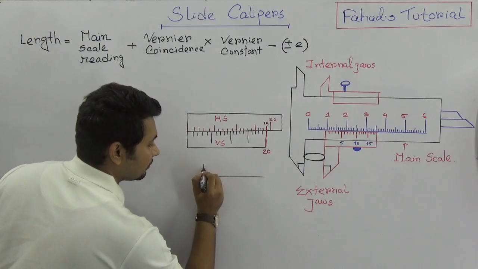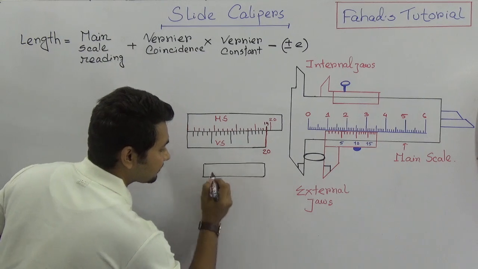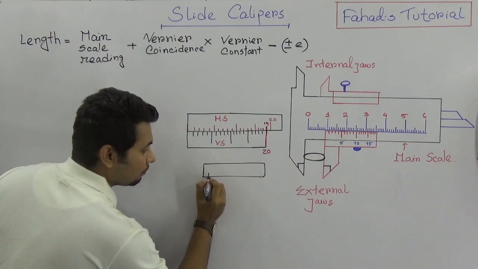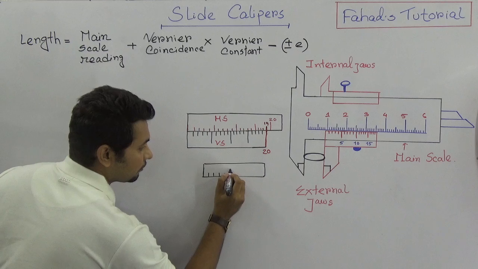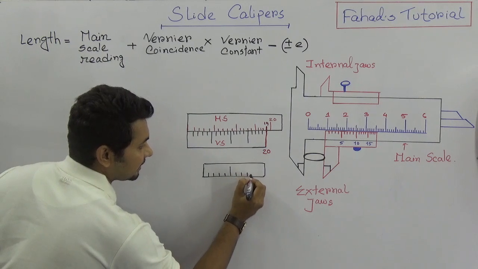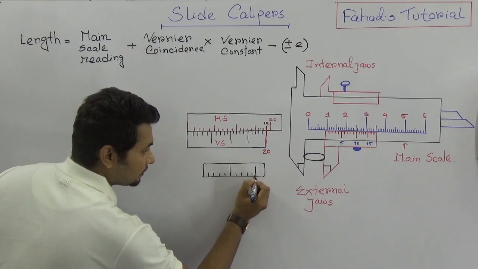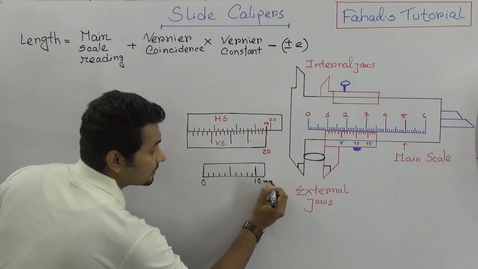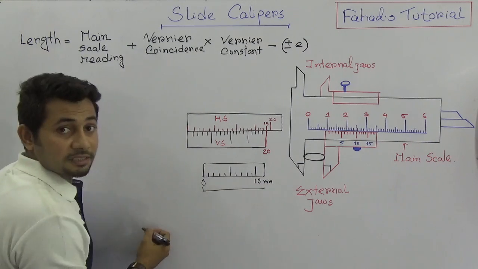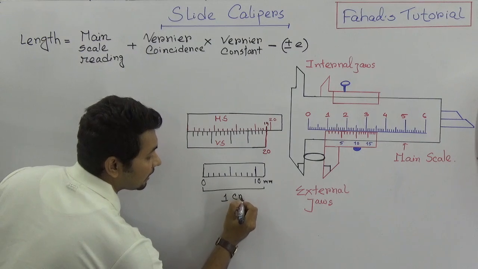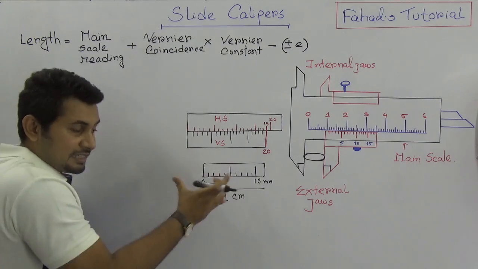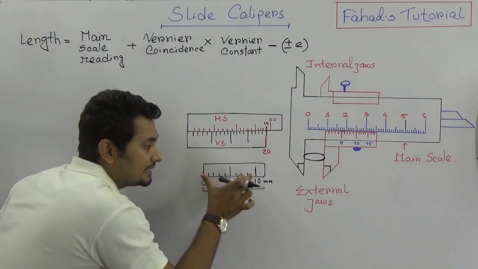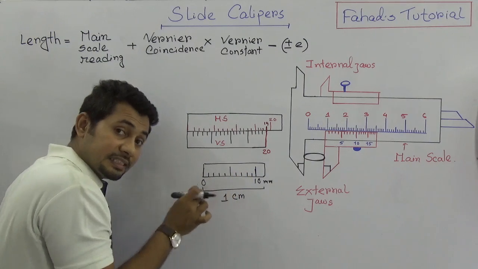If I draw the main scale reading here, this is 0, 1, 2, 3, 4, 5, 6, 7, 8, 9, 10. So this is 0 to 10 millimeter, which is completely 1 centimeter. I'm making it bigger to show you that this 10 millimeter is actually 1 centimeter.